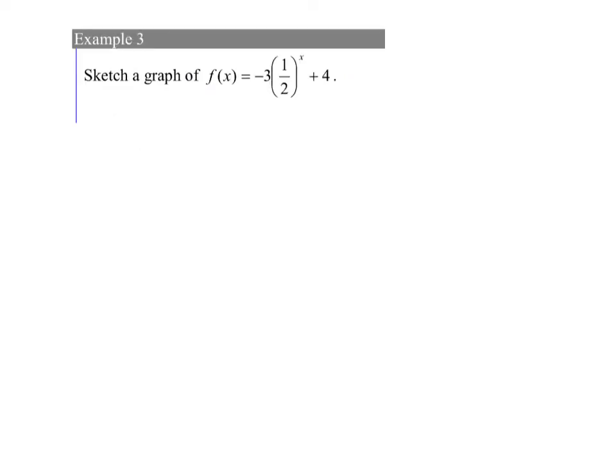So for this question, I'm seeing an exponential decay function. I also see that exponential decay function has been shifted up 4. Well, normally if this plus 4 were not here, let's back up a little bit. If this were the function, 3 times 1/2 to the x power, what would that look like?